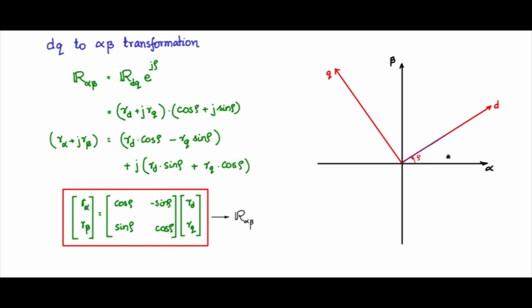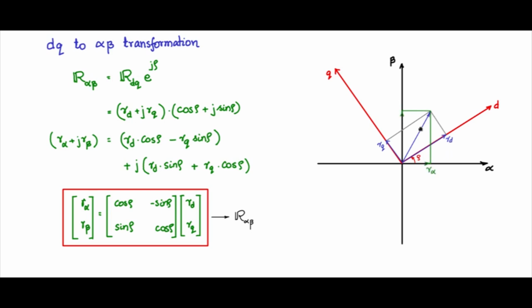Now consider that I have two vectors, one RD along the D axis as shown, and another RQ along the Q axis as shown. Now these two vectors RD and RQ can be composed, and you will get the resultant in this fashion. Now this resultant can be decomposed, resolved along the alpha beta coordinate axis. So if you resolve it along the alpha axis, project the resultant onto the alpha axis, you will get R alpha.